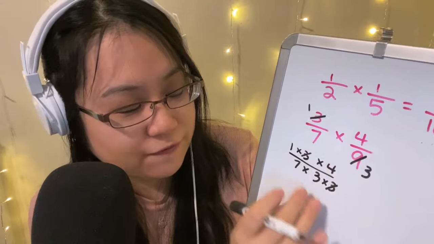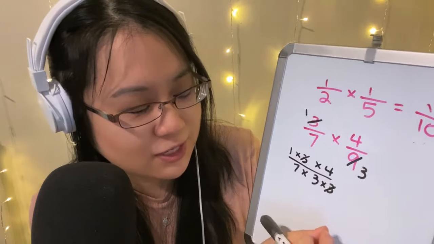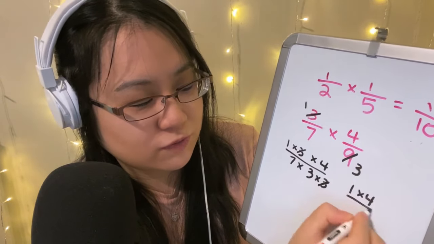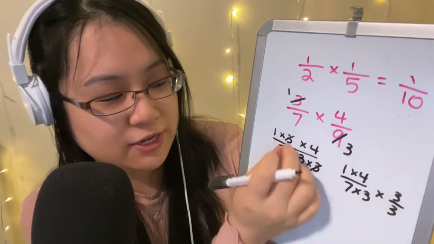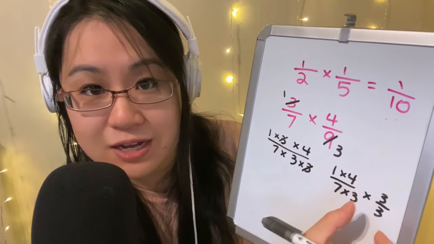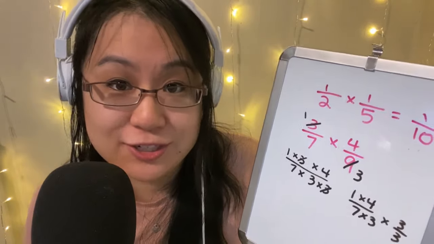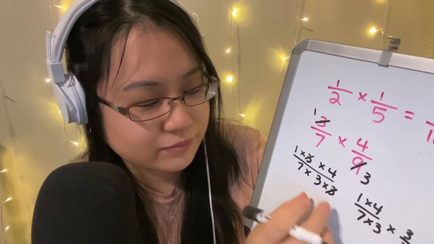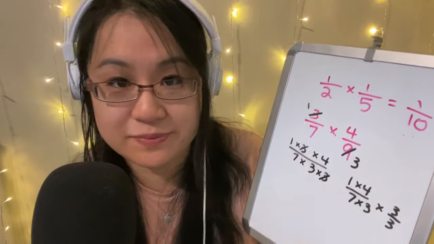So when we cross off the top and the bottom, we don't have to write it every single time, but you can visualize that as writing 1 times 4 over 7 times 3 times 3 over 3, just yoinking that out to the side. And order does not matter because multiplication is commutative, so we can swap the orders here within any pairs.